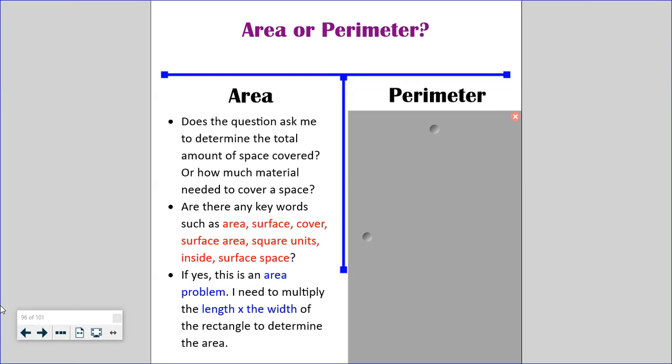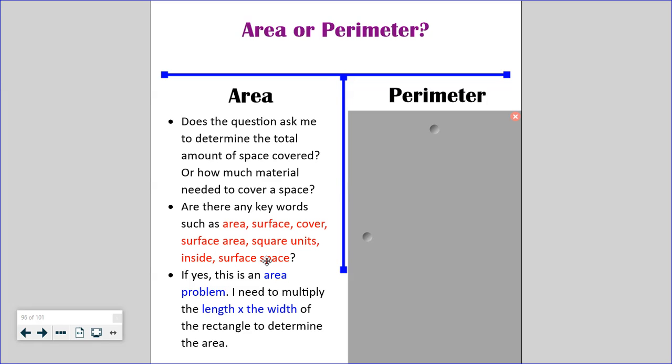Let's start with area. You want to think to yourself, is the question asking me to determine the total amount of space covered? Because we know area means total amount of space. Is it asking how much material might be needed to cover a space? Notice I said that word cover two times. Are there key words in the question such as area, surface, cover, surface area, square units, inside, or surface space?